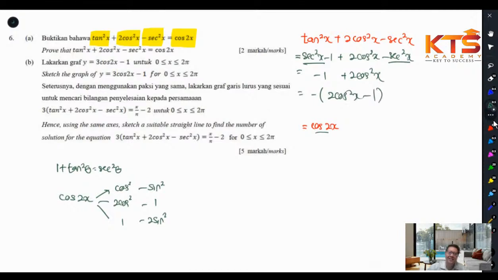And straight away we get the answer. All right. So the next part, lakakan graph.